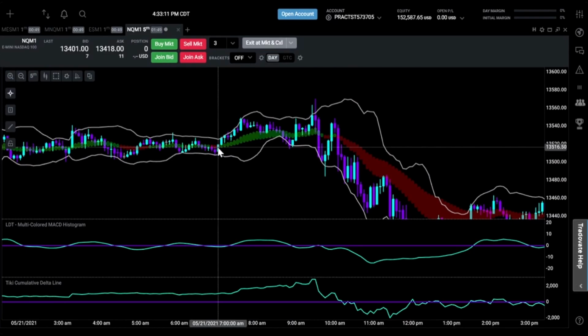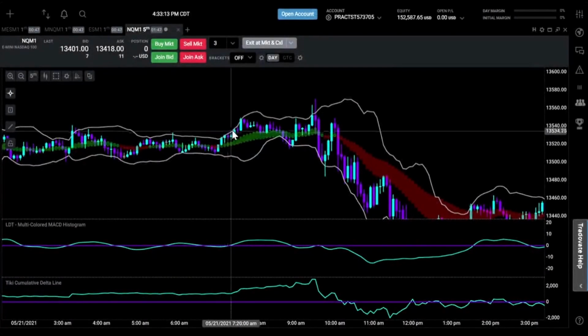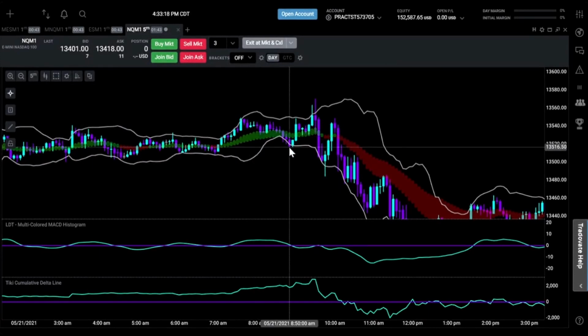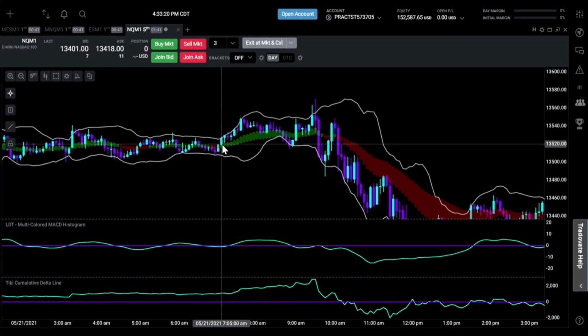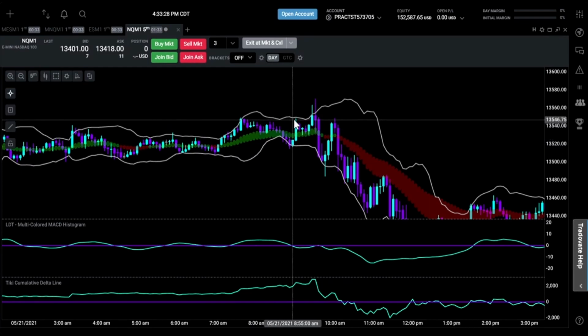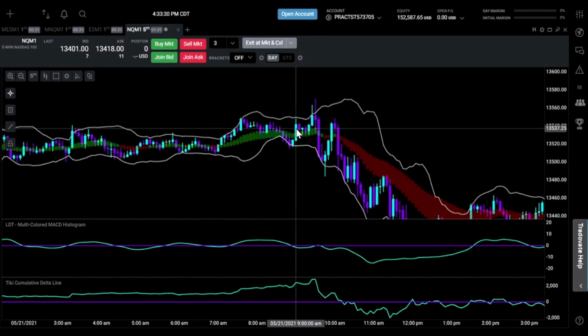I was waiting, and I had an order sitting there. As soon as it came down and touched it, because of that level with that red to green move, you see the drawdown I had. It was nothing. That was a winner chicken dinner all day long.